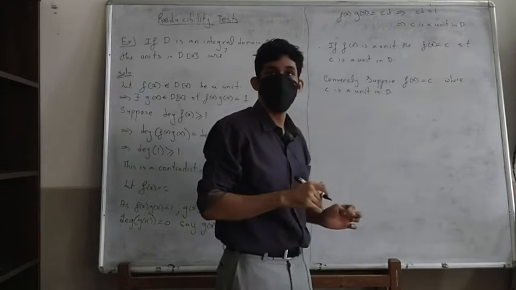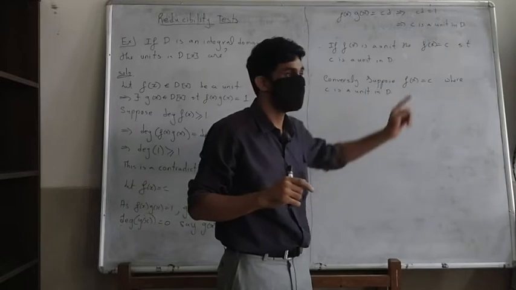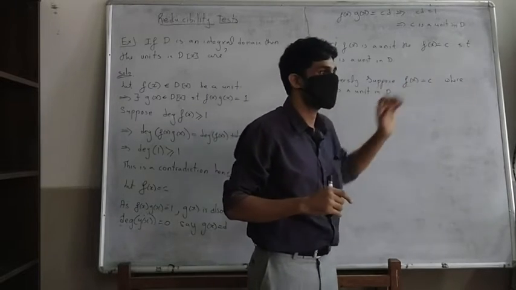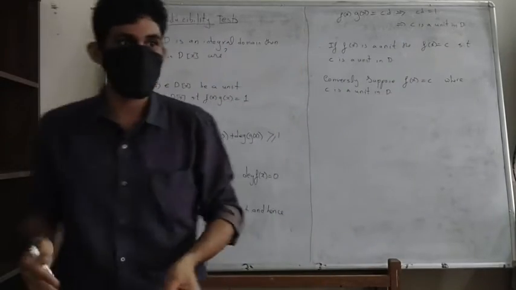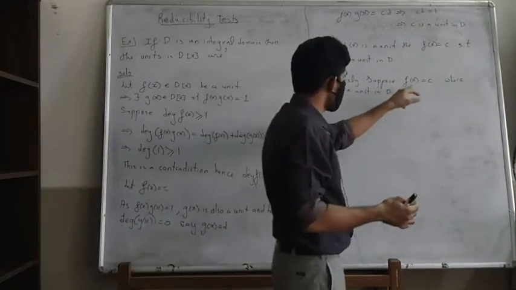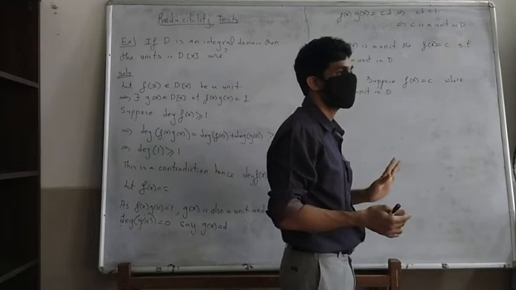The constant polynomial with constant term C inverse, right? The inverse of f will be the constant polynomial with constant term inverse of C.